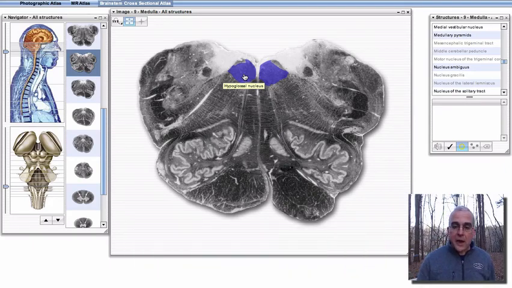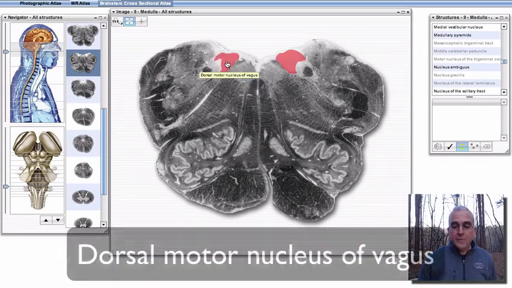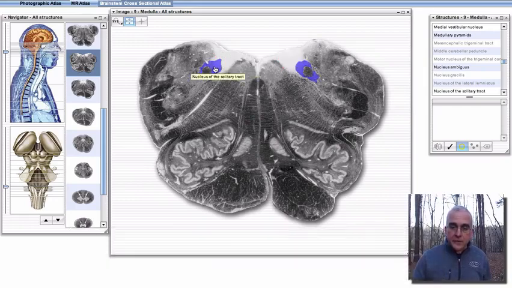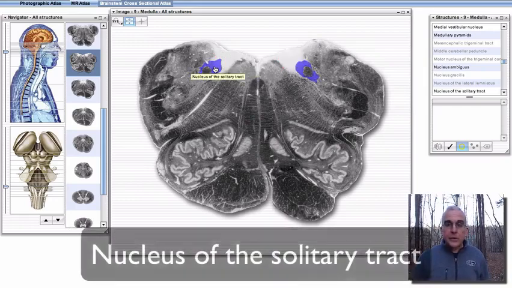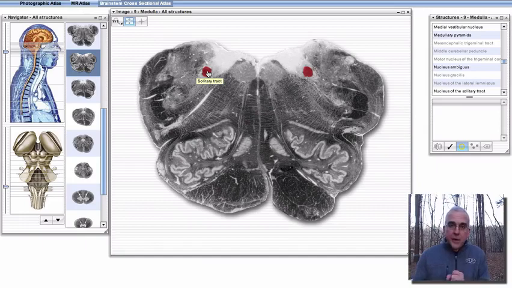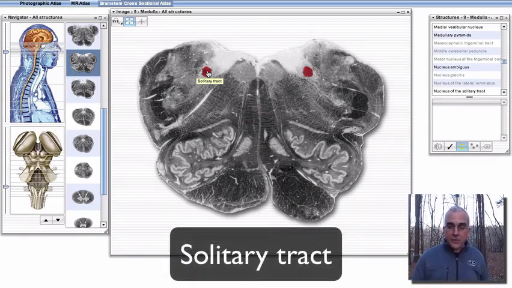Now, just lateral to that nucleus, we have the dorsal motor nucleus of vagus. And right next to that nucleus is a sensory nucleus, the nucleus of the solitary tract. And that's gray matter that surrounds this solitary compact bundle of white matter called the solitary tract.